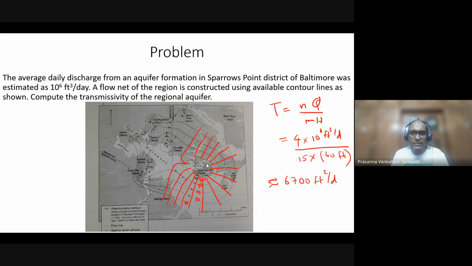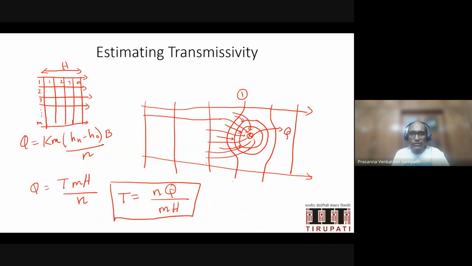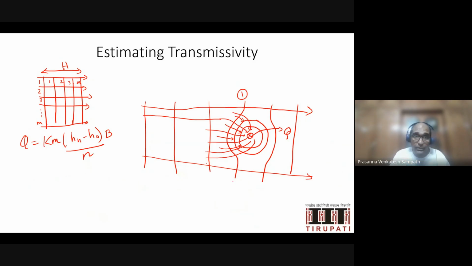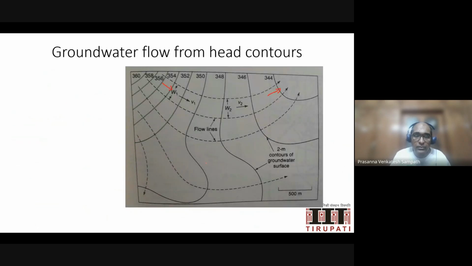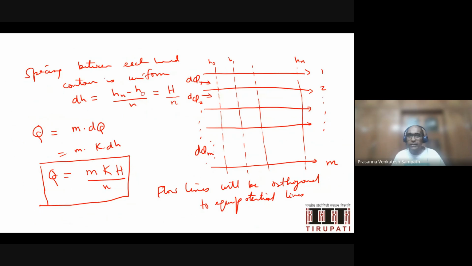Let me just go back to that slide. You will understand what I'm trying to say. So this equation that I wrote, k into m into capital H by n, is only applicable if the distance between successive lines is equal. Remember this that I had written. The assumption here is that the spacing between each is equal, so that is fine. Hn minus h naught by n, that is okay. But I'm doing m multiplied by dq, which means if I know one dq, all I have to do is multiply it by the total number of such dqs.